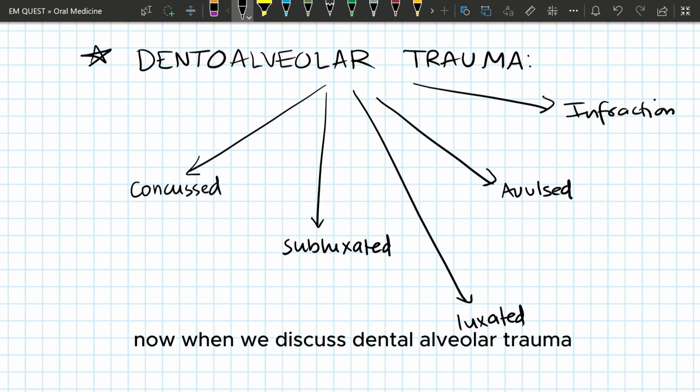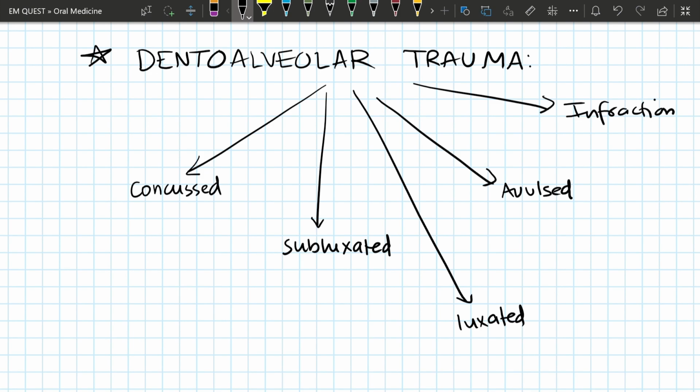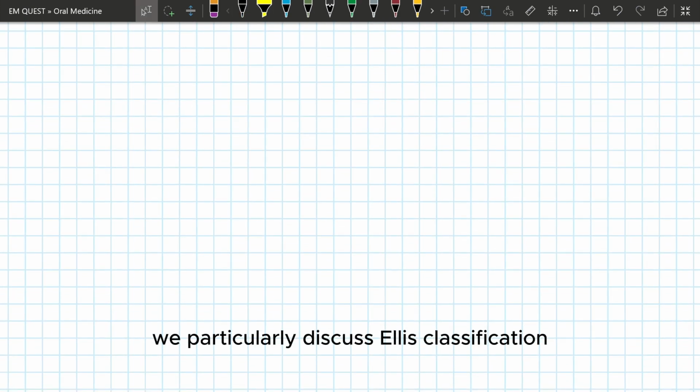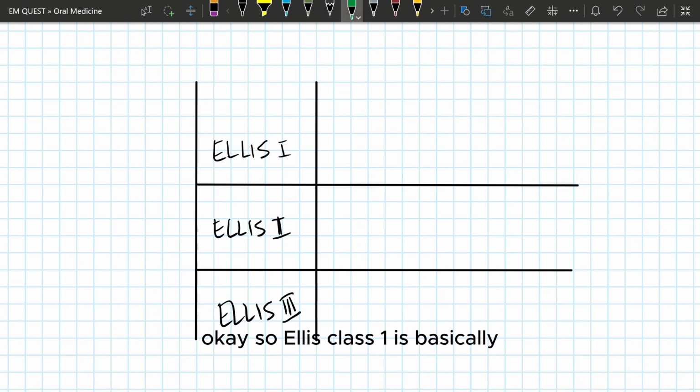Now, when we discuss dentoalveolar trauma, we particularly discuss the Ellis classification. So Ellis class 1 is basically a fracture of the enamel. It does not involve any deep layers.